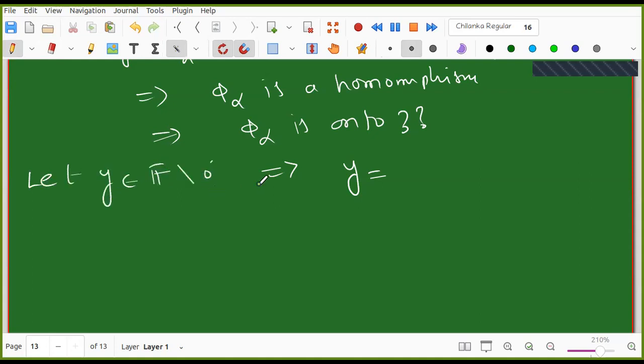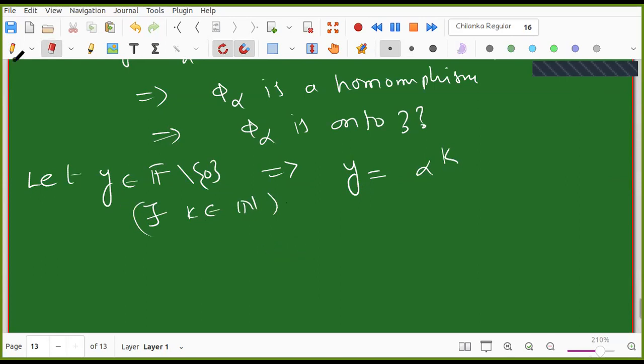There exists some k such that y is equal to alpha^k, where k belongs to N. So now, what is it that phi alpha of something equals alpha^k?